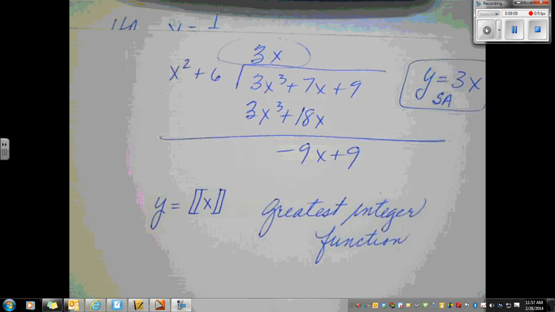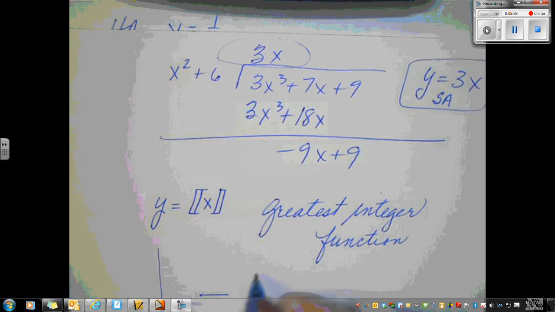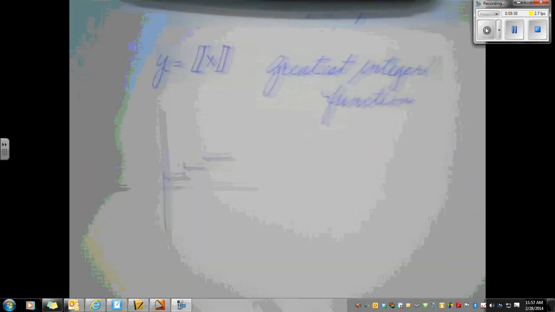That's the one that looks like the little stair step. The one that goes looking like that goes up, up, up, up, up, right?